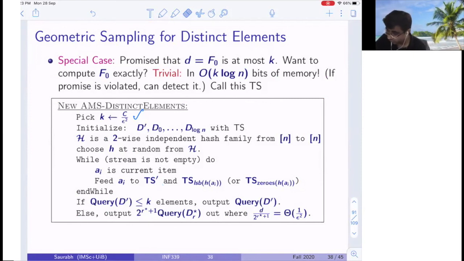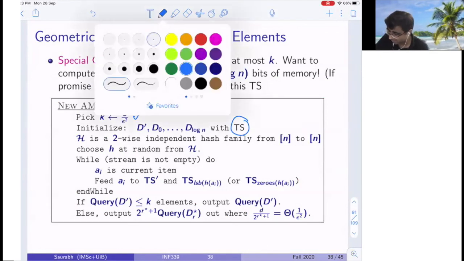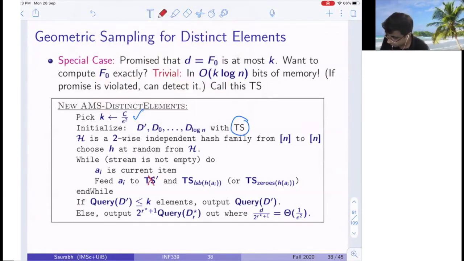So we have established, with the trivial structure, and I should have used better notation. This is just not right. This should have been D prime, and D with least significant bit being h of a_i, or D0.